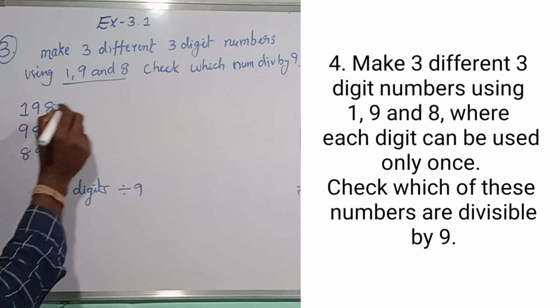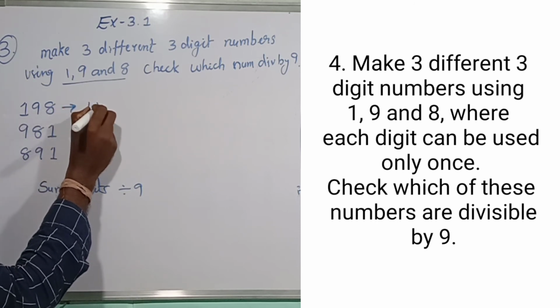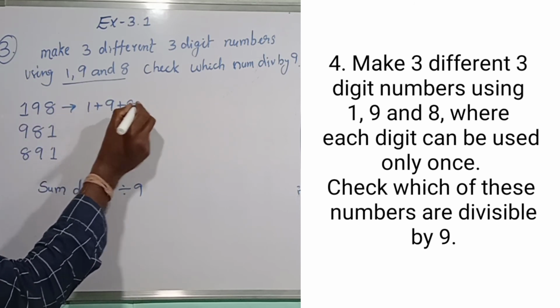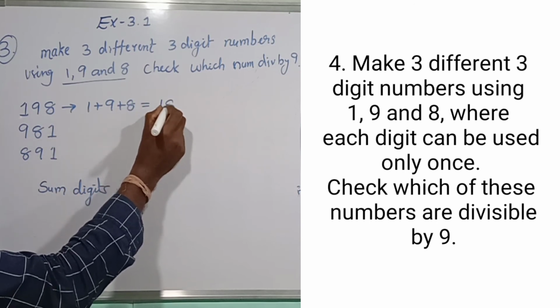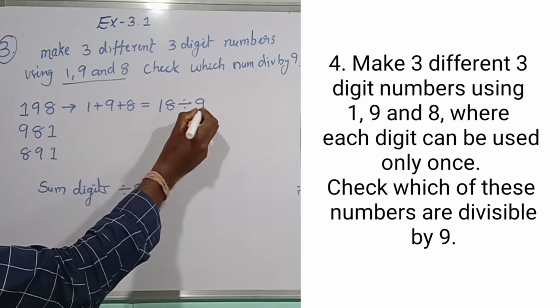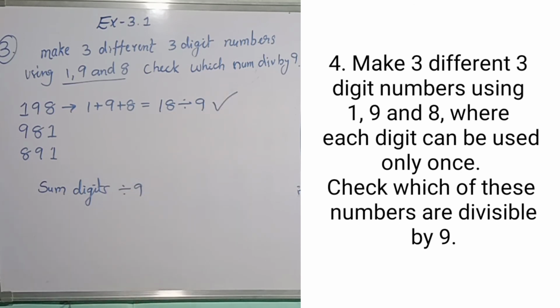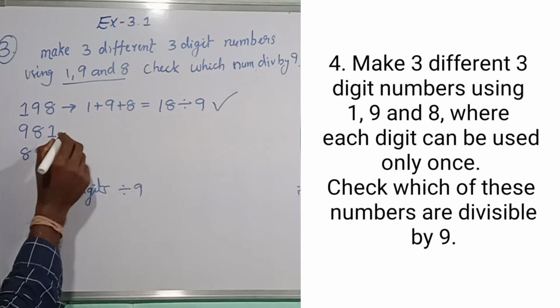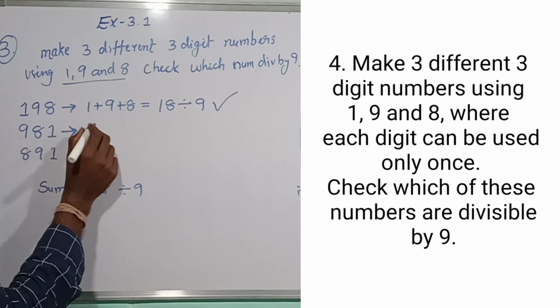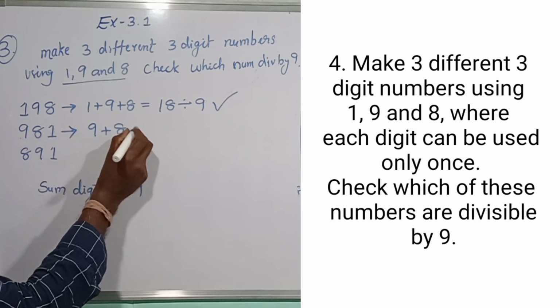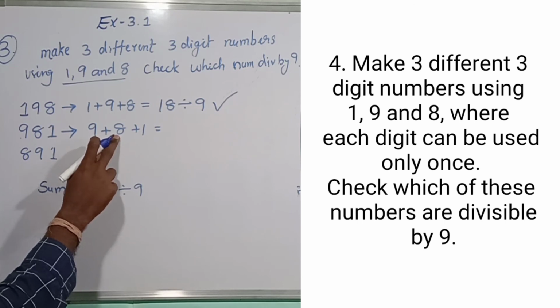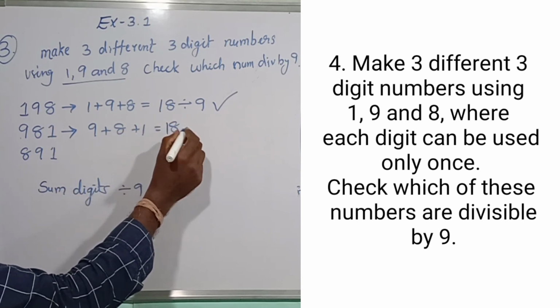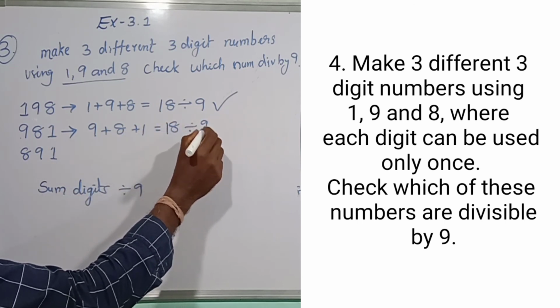For 198: 1 plus 9 plus 8. 1 plus 9 is 10, 10 plus 8 is 18. Is 18 divisible by 9? Yes. Now the second number, 981: 9 plus 8 is 17, 17 plus 1 is 18. Divisible by 9?